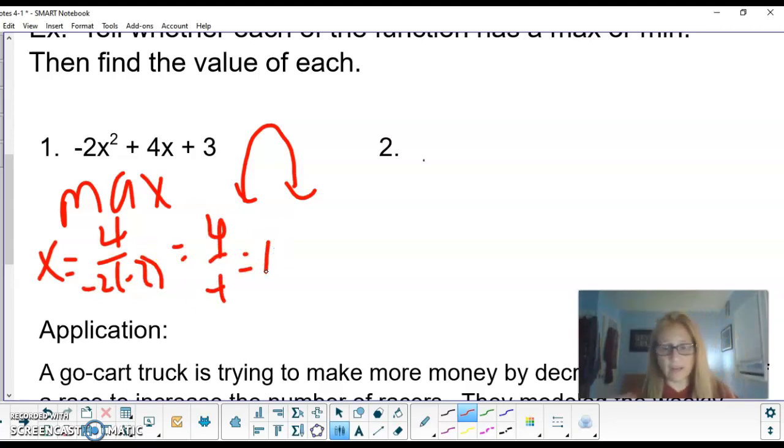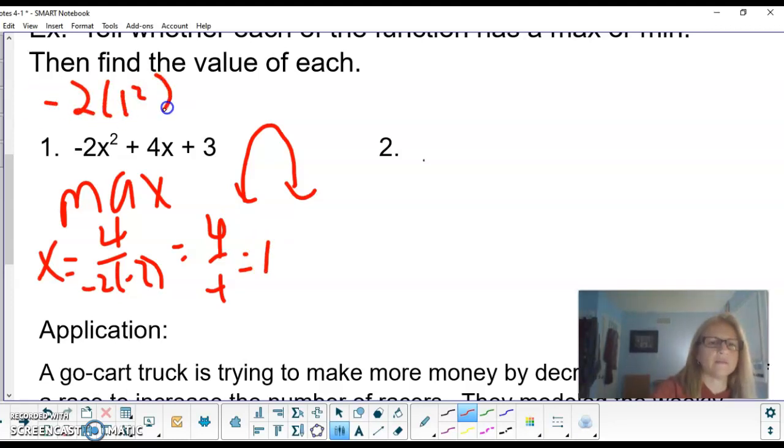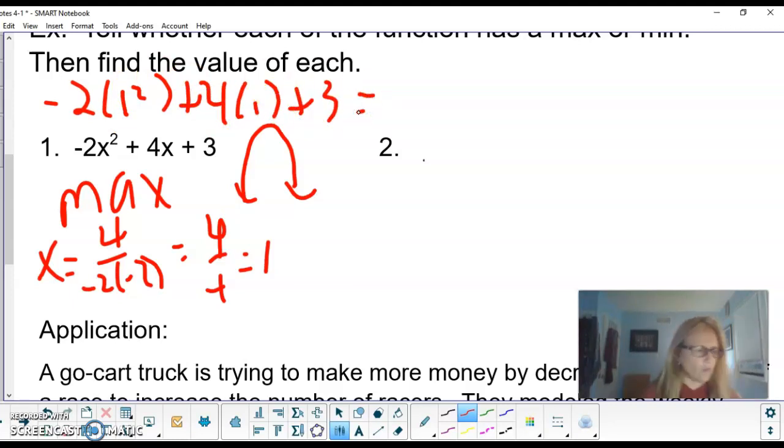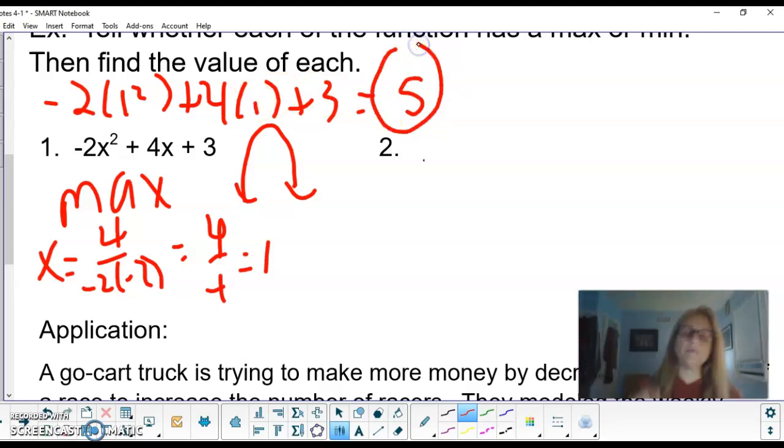Now that is not our answer. Now we've got to plug 1 in. And of course I don't have the answer written here. So when we plug it in, we should get -2 plus 4 plus 3, which is 5. And that would be our answer.